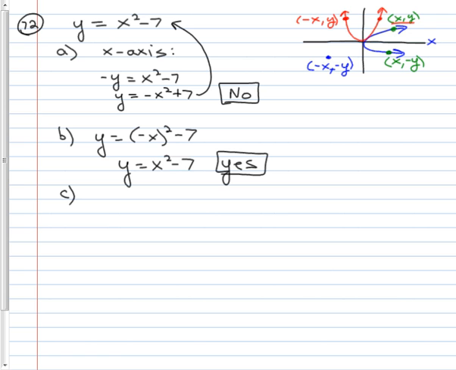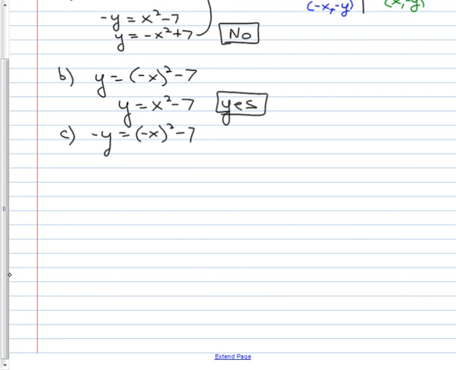You replace both the x and the y with the negative versions. So I'm going to replace the y with a negative y and the x with a negative x, and simplify it. I'm going to leave the negative y for a minute so that I can simplify the negative x squared to an x squared minus 7, and then multiply by a negative: y equals negative x squared plus 7. Does it look like the original? No, it does not.